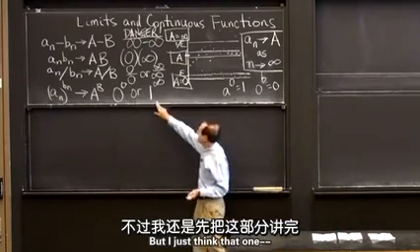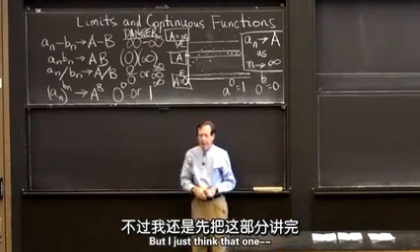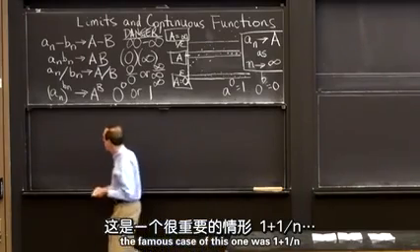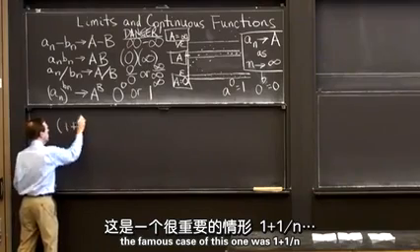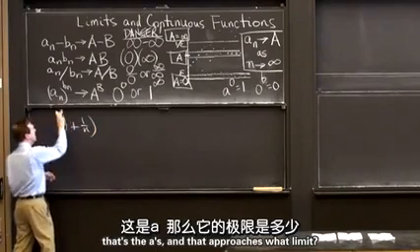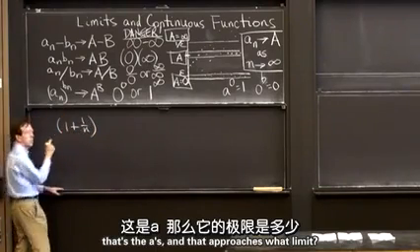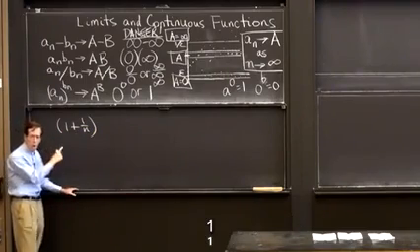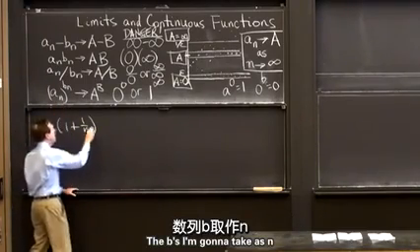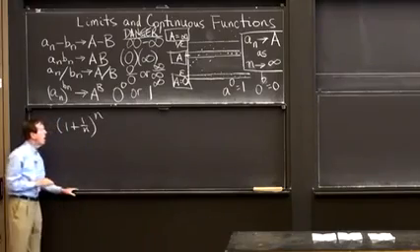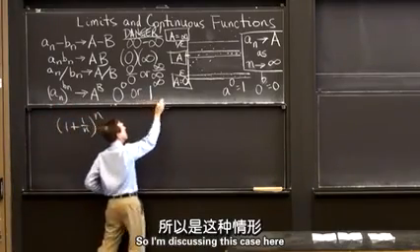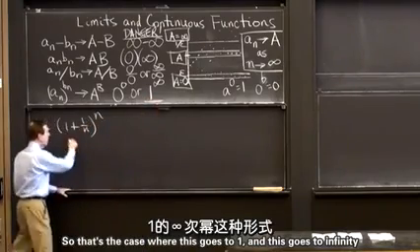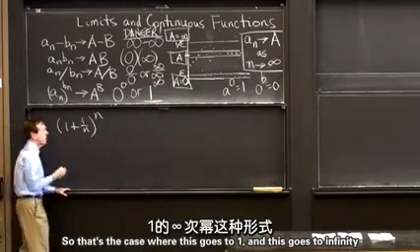But I just think that one, the famous case of this one was 1 plus 1 over n. That's the a's, and that approaches what limit? 1. The b's I'm going to take as n. So the b's are going to infinity. So I'm discussing this case here, where this goes to 1, this goes to infinity.